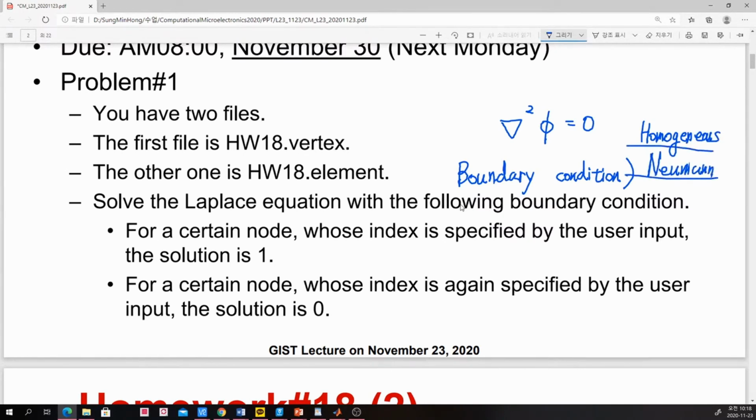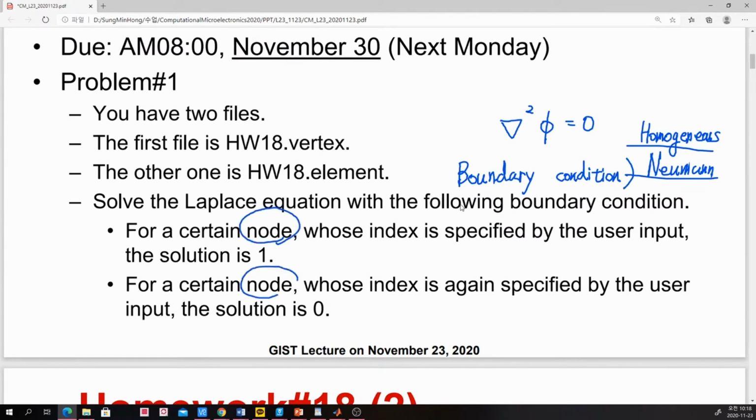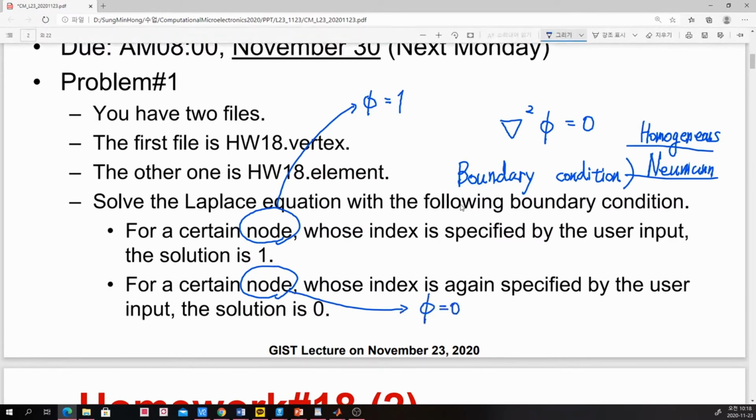Please apply the homogeneous boundary condition. Instead, select two nodes, and for that node, instead of applying the Laplace equation, just say that at that point phi equals 1, and for another point phi equals 0.